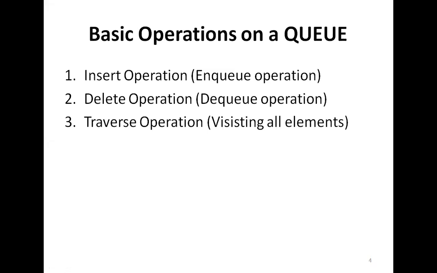The next operation is delete operation, which means removing or deleting a data item from the queue, and this is also known as DQ. Then traverse operation. Traverse means visiting all the elements of the queue. So these are the basic operations on the queue data structure.